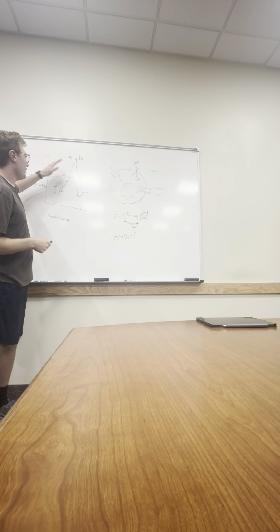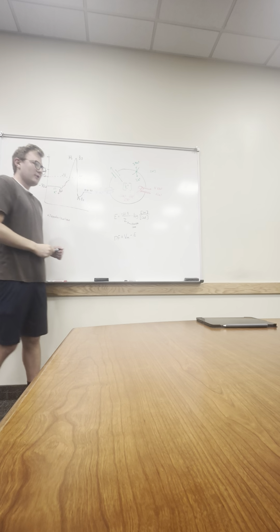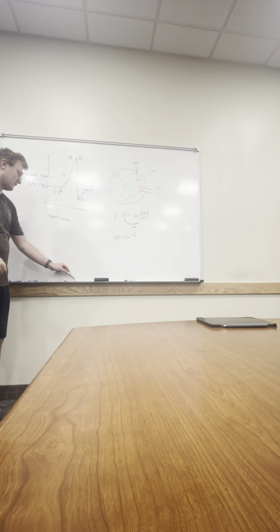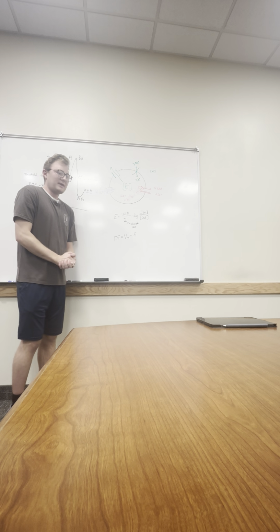There's going to be a lot of these, so maybe a couple are still open because it overshot, but once we get to here, they're all closed, and we still have those leak channels working for potassium. So we reestablish resting membrane potential, and that's kind of what's happening.